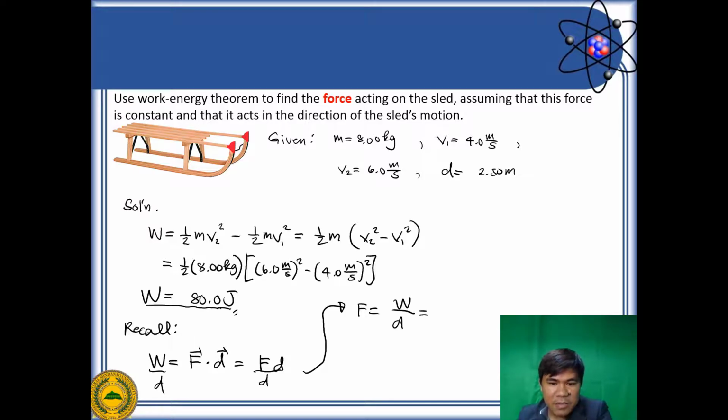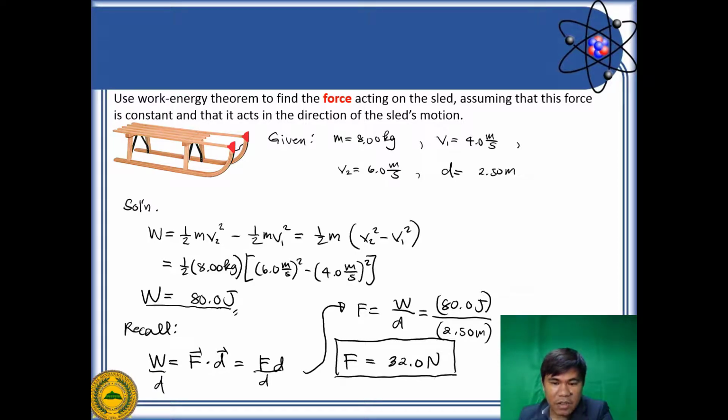In this case, that is 80 joules divided by the distance, which is 2.50 meters. If you solve for the value, that gives us 32 newtons. So that's the amount of force that acts on the sled.